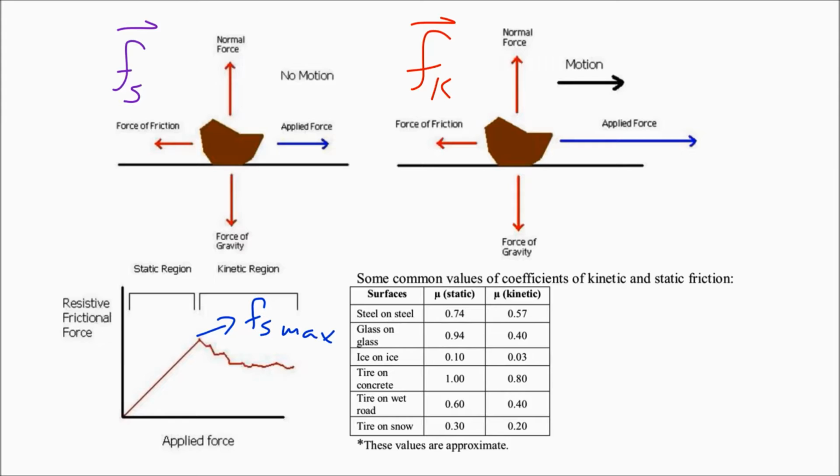And so it would be extraordinary circumstances that we would have that. But anyways, you'll notice that the kinetic coefficient of friction is lower, and that goes hand in hand with this graph here. The kinetic frictional force is less than the static frictional force, just like the kinetic coefficient of friction is less than the static coefficient of friction.